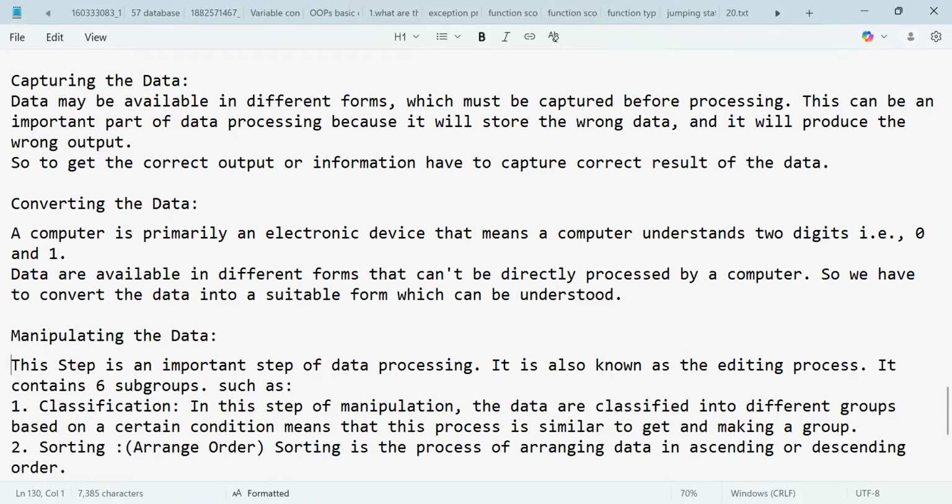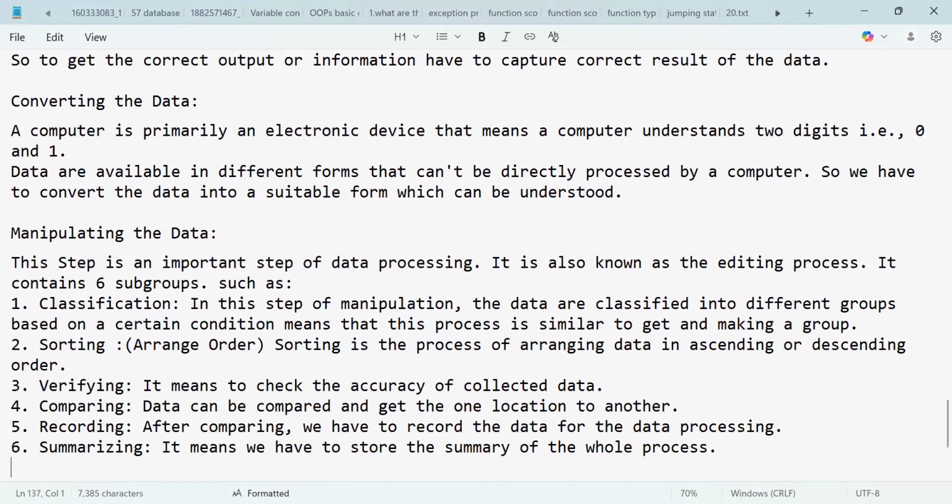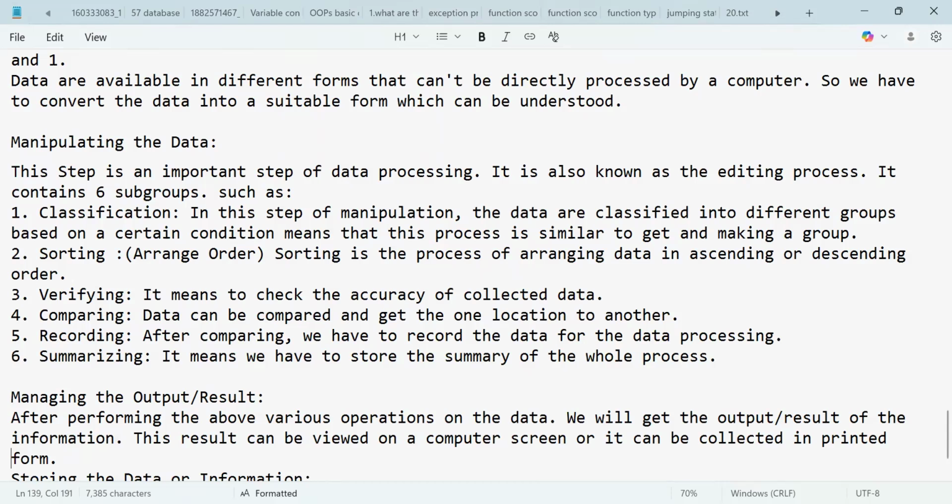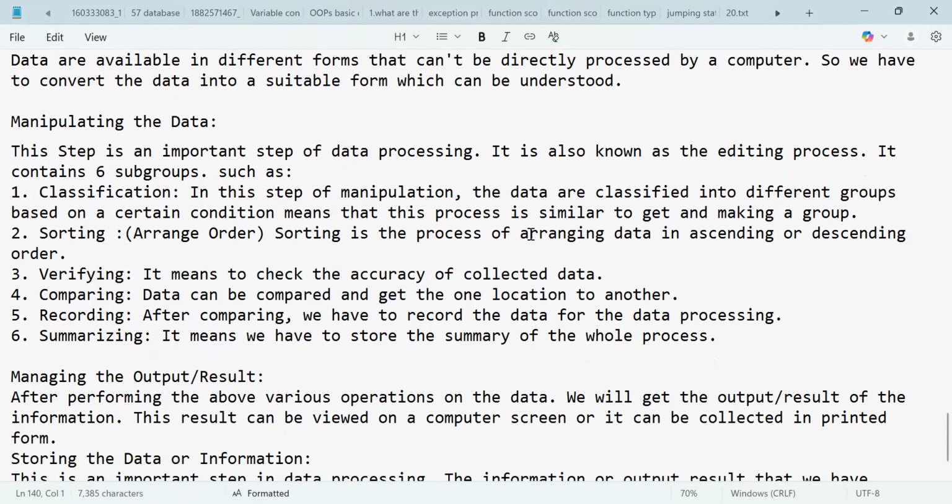The third one is manipulating data. This step is an important stage of data processing, also known as the editing process.